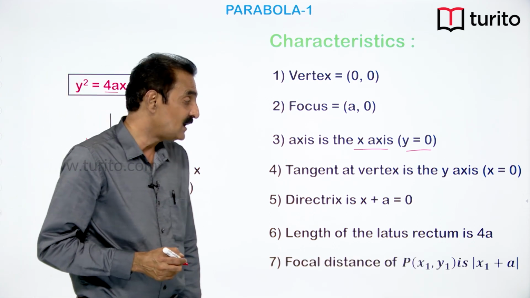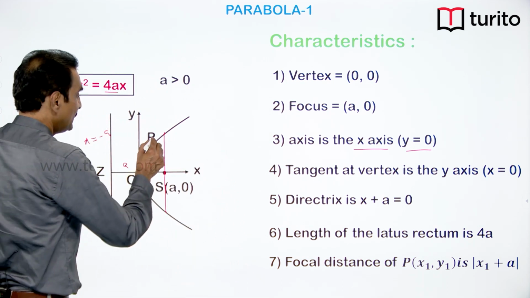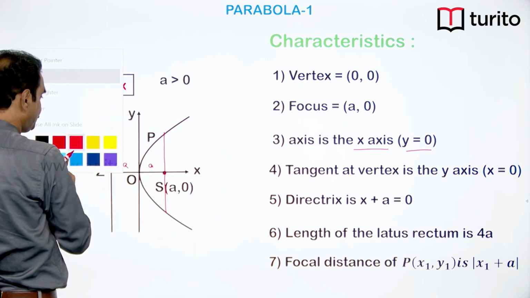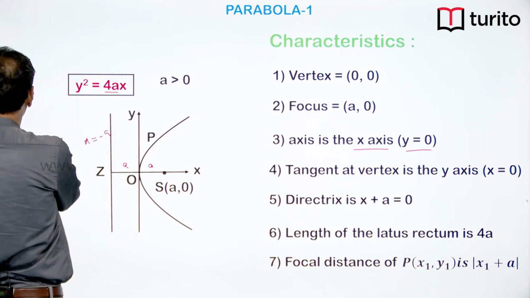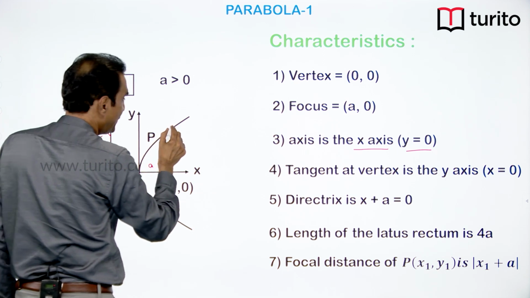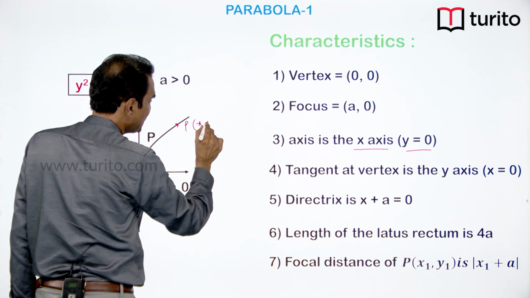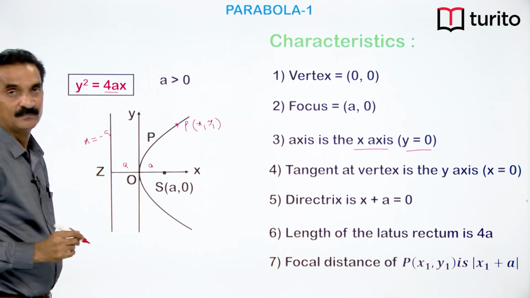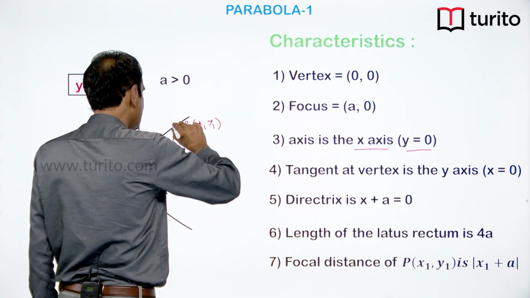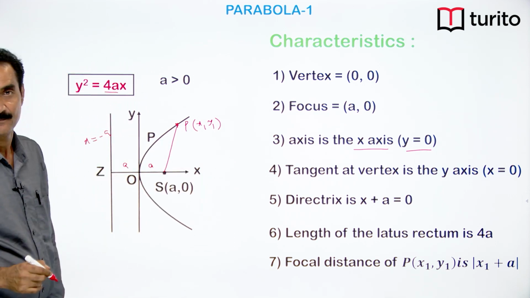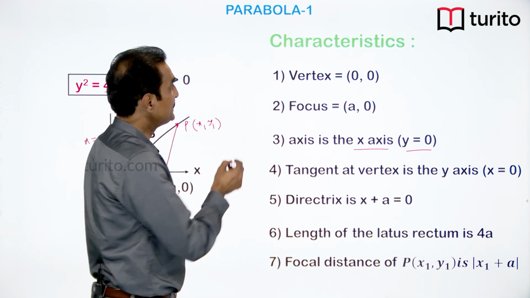Next, focal distance of a point P (x1, y1). Let us take a point P (x1, y1) anywhere. You want the focal distance. Focal distance means SP. That SP is called the focal distance.